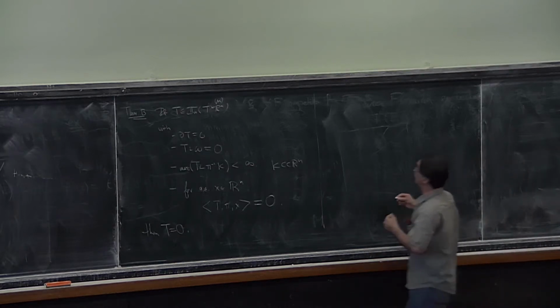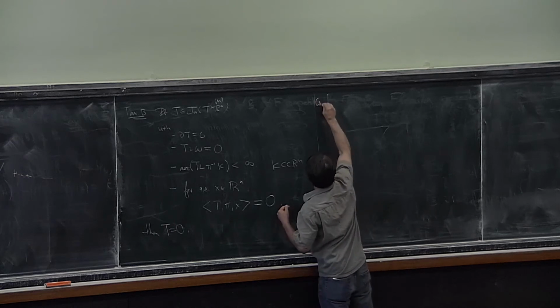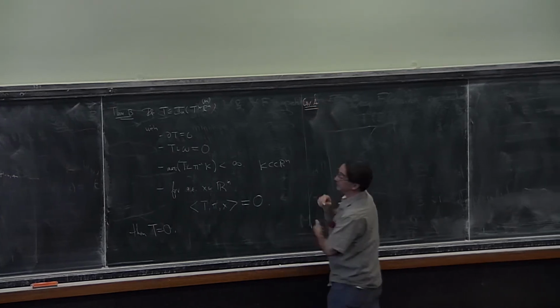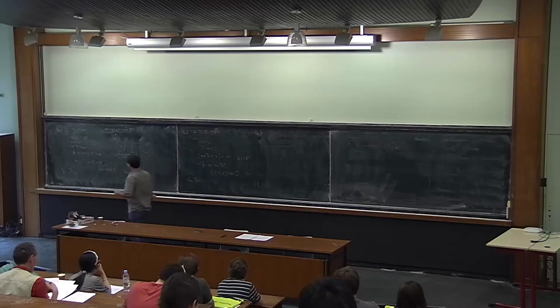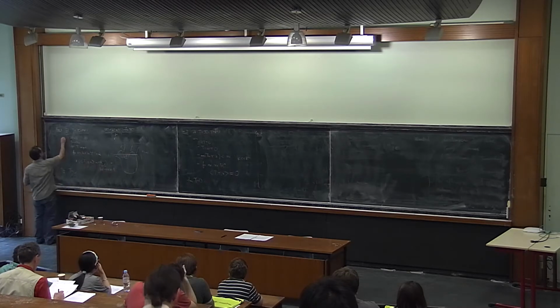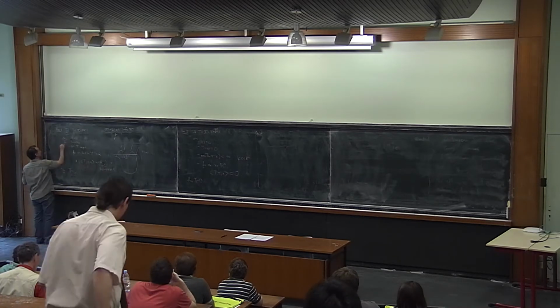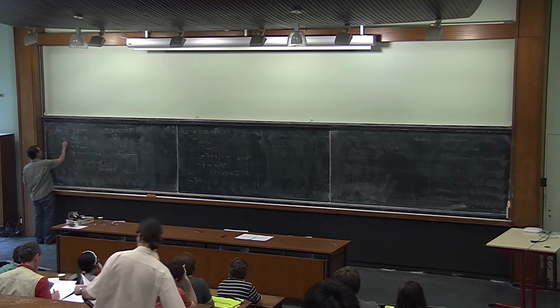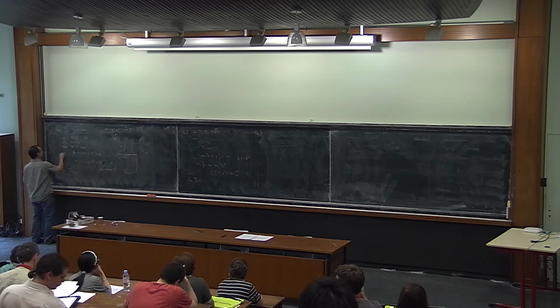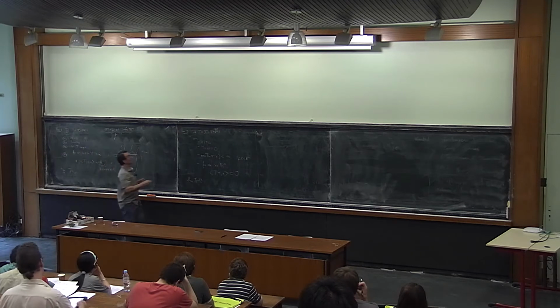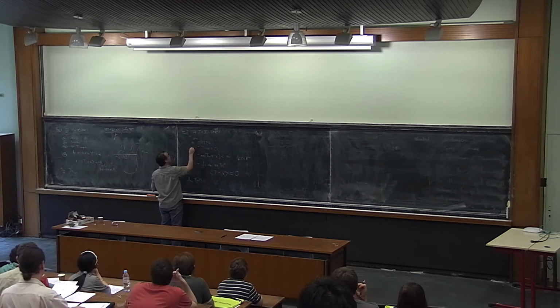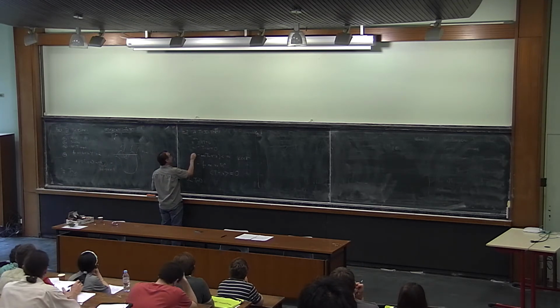So again, what are the corollaries? Corollary A basically says: I'll call these conditions A1, A2, A3, A4, and say B1, B2, B3, B4.